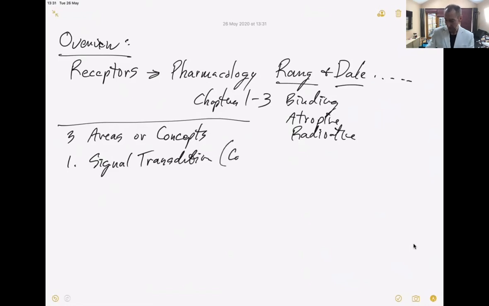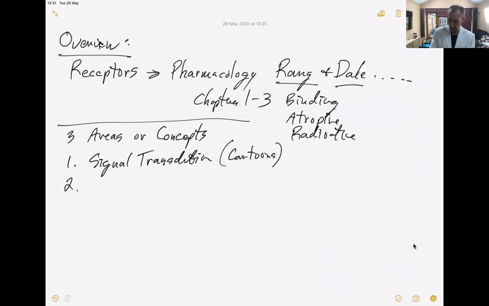Easy way of thinking of this is cartoons. So I'm going to draw what a G protein coupled receptor looks like, a G protein, et cetera, et cetera. And I will draw a G protein coupled receptor with 7 transmembrane helices and show you what actually happens when agonists bind, that sort of thing.